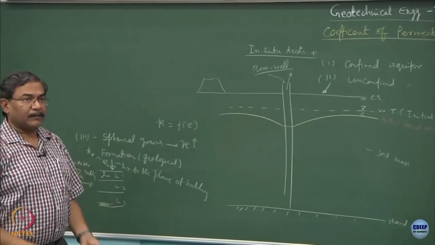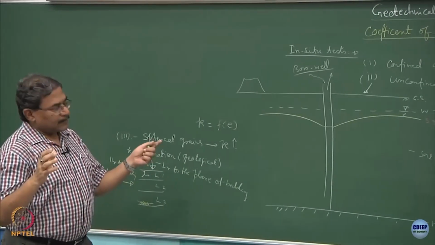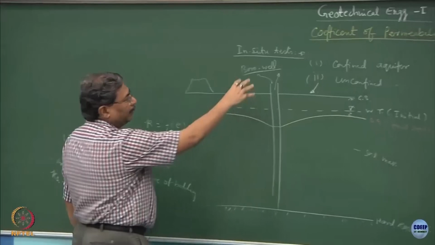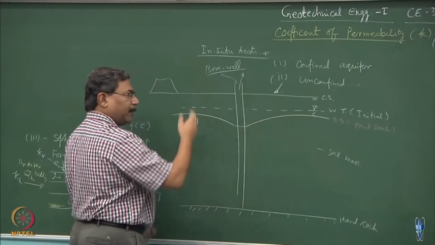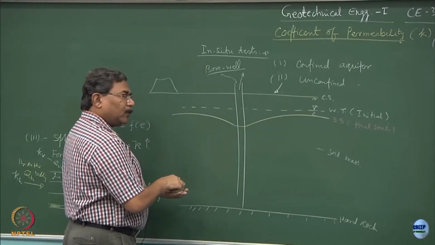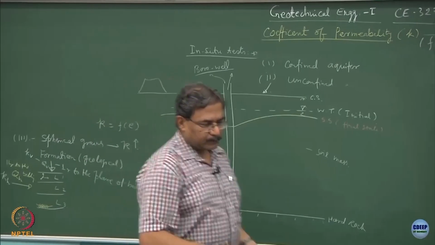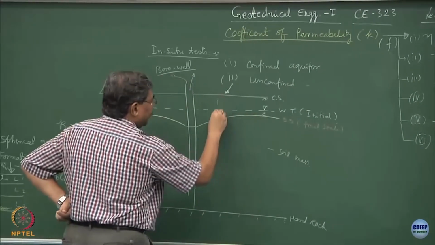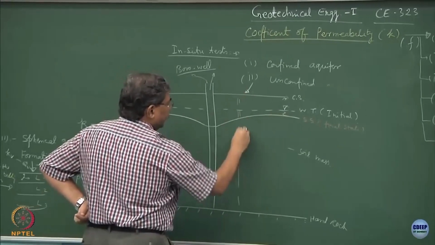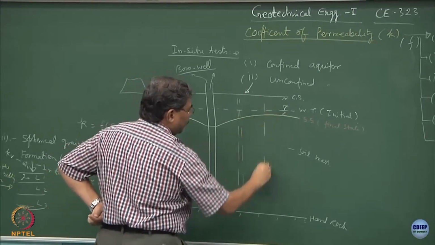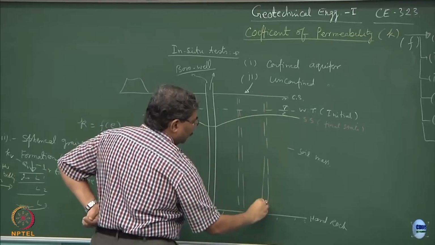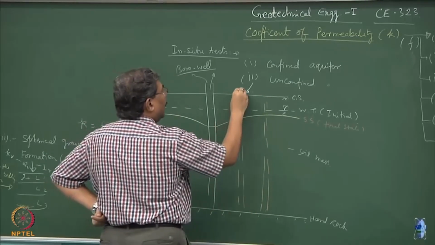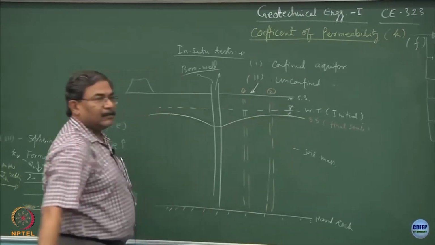Now, the way these tests are done is you create a well of certain dimension, start pumping out, and then you create 2 observation wells. So, observation wells could be located in the vicinity. This is observation well number 1, this is observation well number 2, and what are we going to observe?